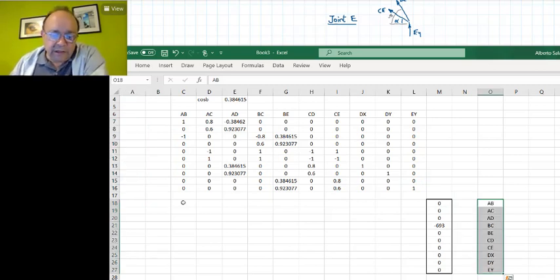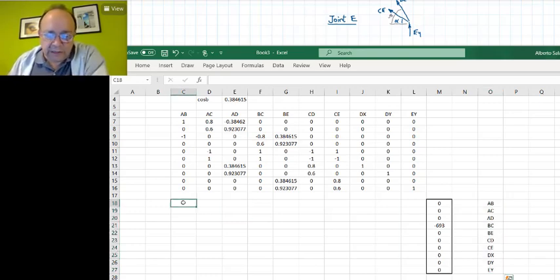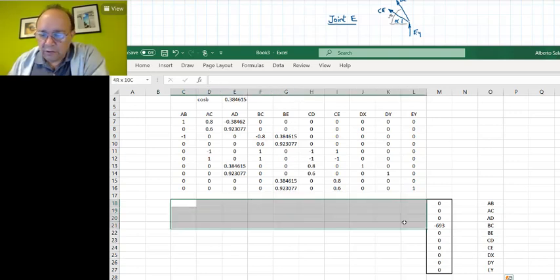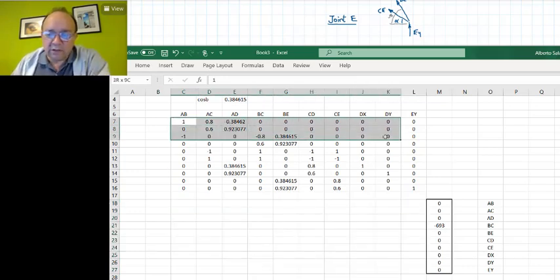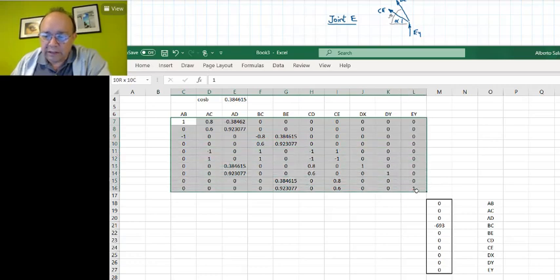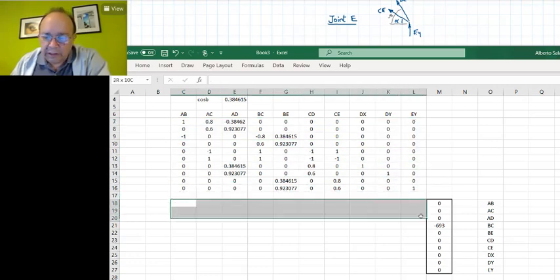This is how you proceed. In newer versions of Excel, it's easier. In older versions, you have to select the area of the inverse matrix. We are going to take the inverse of this matrix here and put it here.